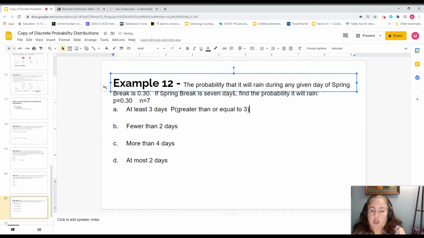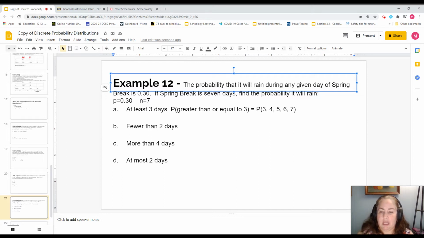So what numbers are greater than or equal to 3? That is a 3, a 4, a 5, and how long do I have to keep going? Well, my n is equal to 7. So I have to do 3, 4, 5, 6, and 7. So I need to find each one of those probabilities and add them together. Well, that's in my table.